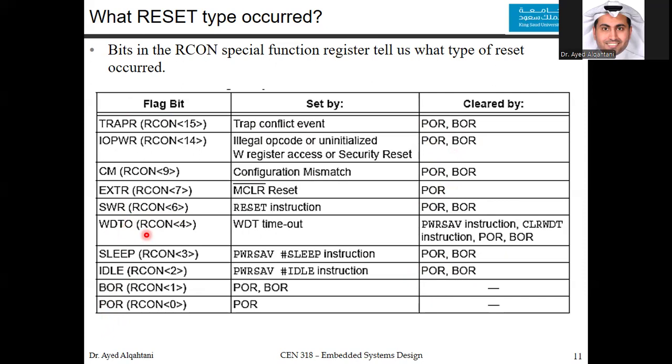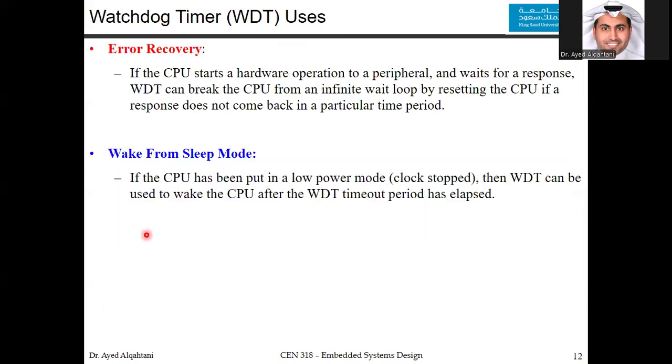It's actually waking up the processor. And that's what we will talk about next. So the watchdog timer is used for error recovery, like for debugging purposes, and that's why you do a reset.